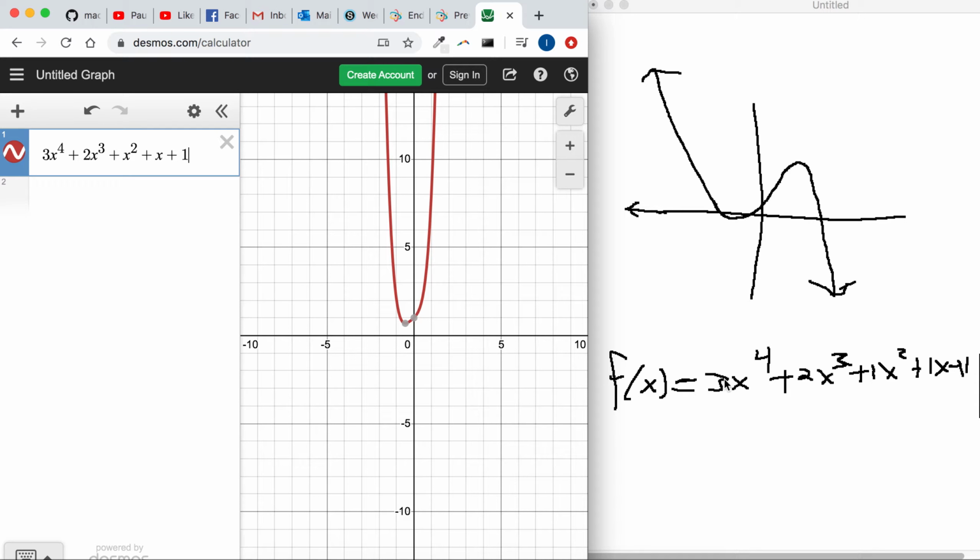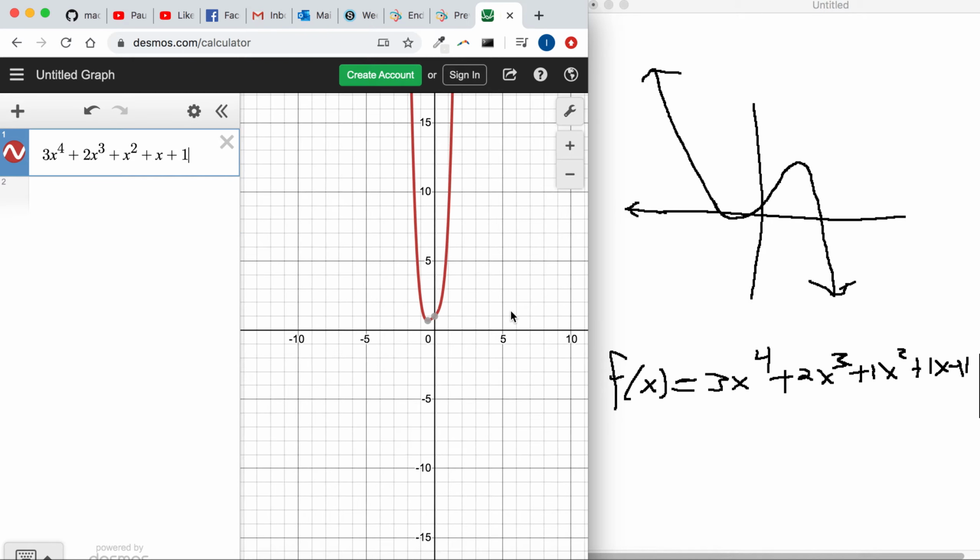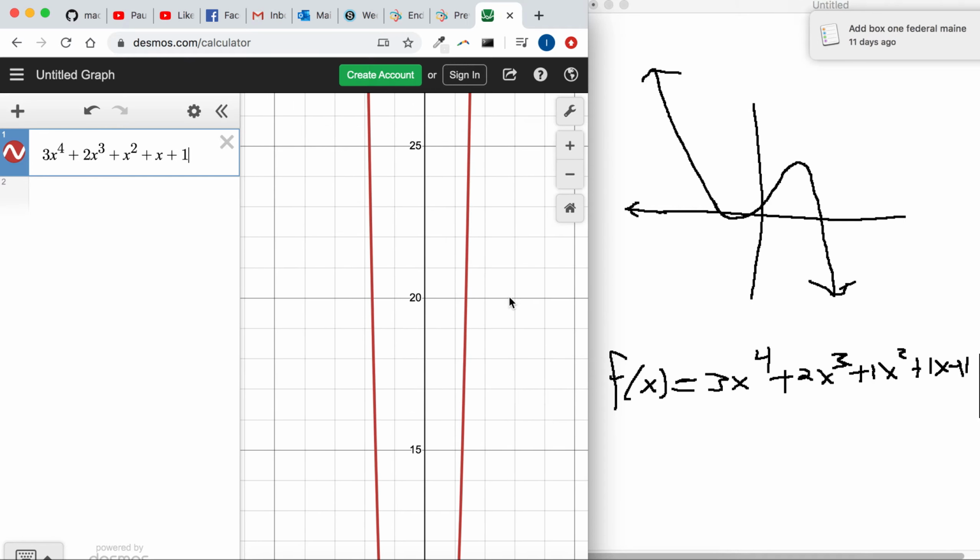So if we graph this, we can see that as we go to negative infinity, y is positive, y is increasing. As we go to positive infinity on the x-axis, look, y keeps getting bigger and bigger to match it, okay?